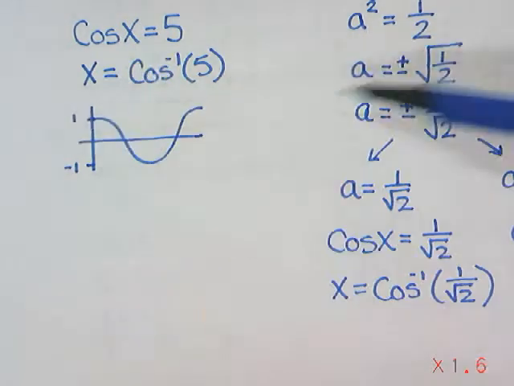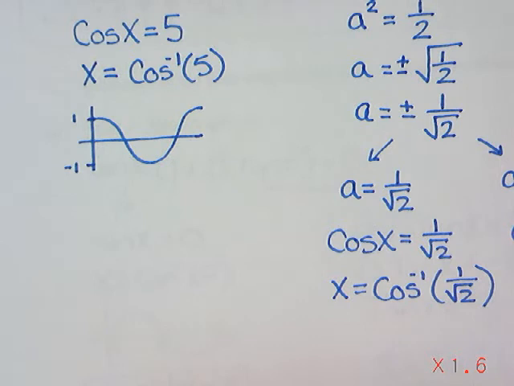So I cannot use the graph for that. If I was looking at my special triangles, do I have a special triangle that has a side of 5? No, I do not. So I cannot use the graph, and I cannot use a special triangle because I don't have a special triangle with a side of 5.